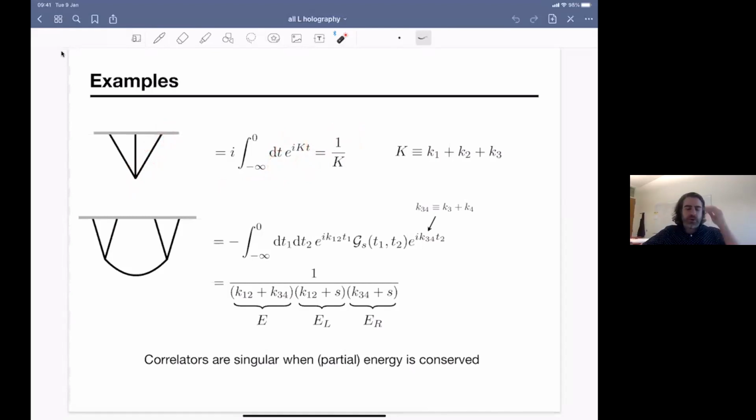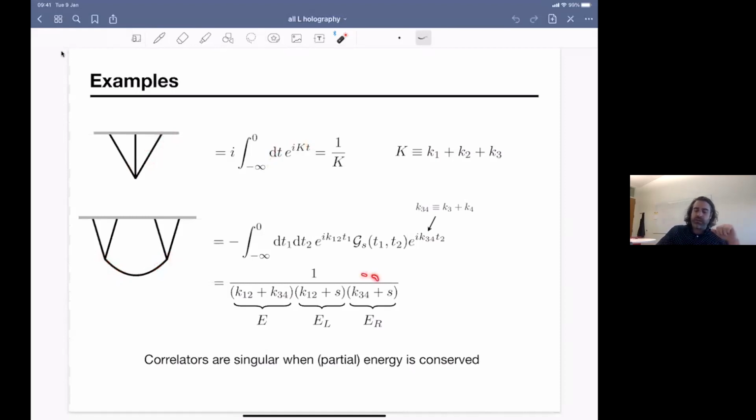Only slightly more complicated than that is the simplest exchange diagram. So I can imagine computing the 4-point function using this perturbative approach. Now I have to assign a bulk to bulk propagator to this internal line. And now I have to do 2 time integrals, and I have to integrate over all the possible time orderings between these vertices, corresponding to these theta functions. So it's slightly more complicated, but again, totally doable.